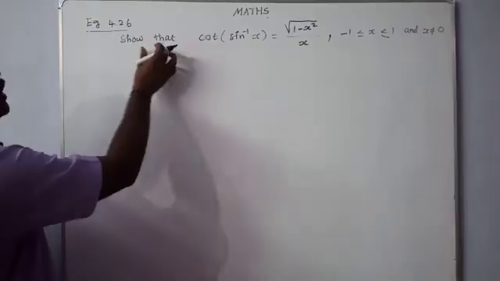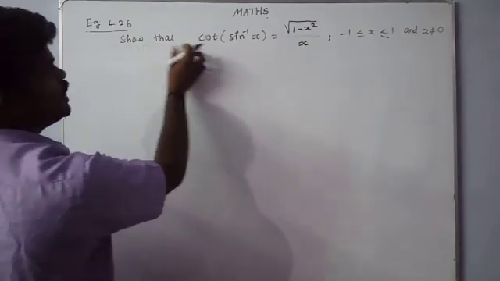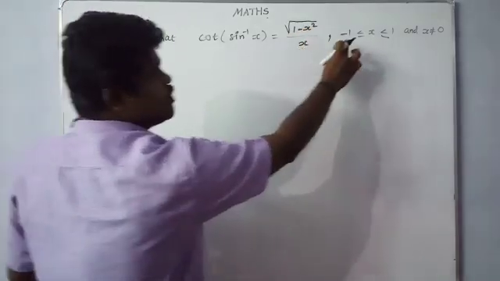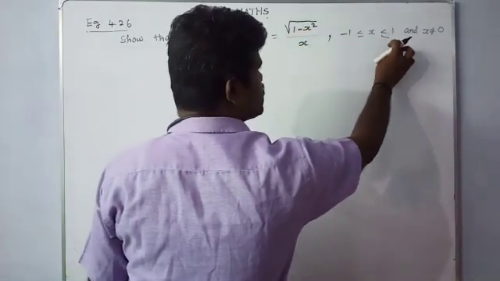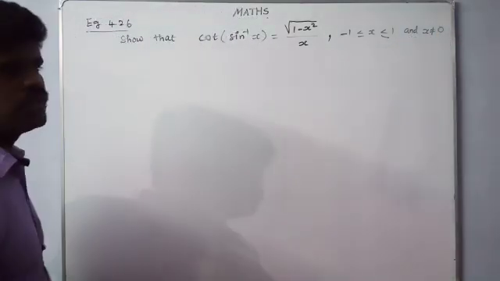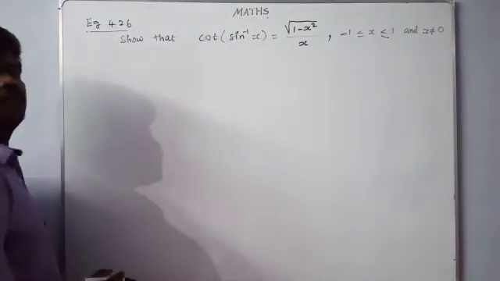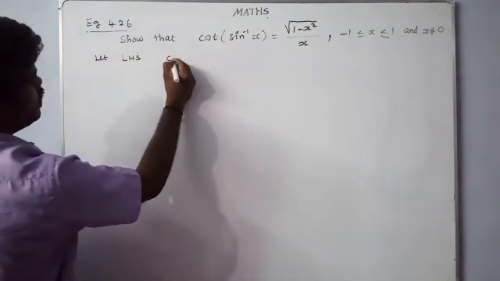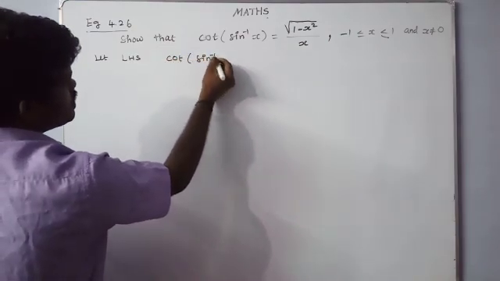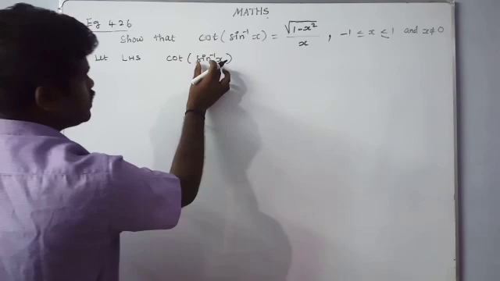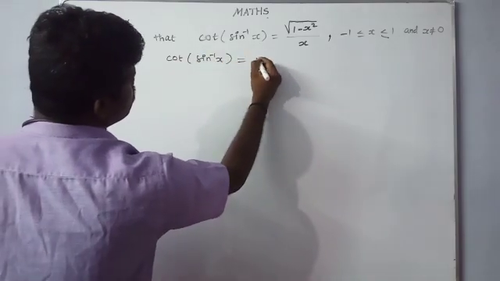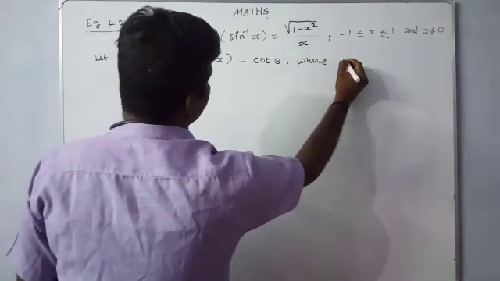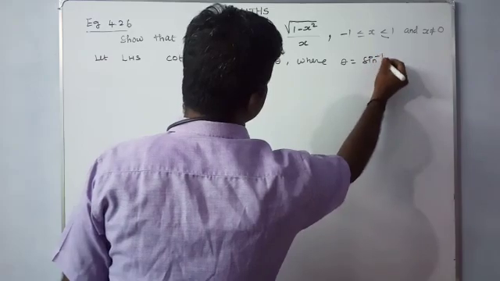Refer to the sum, example 4.26. Show that cot sin inverse x equals root of 1 minus x square by x, with the limit minus 1 less than or equal to x less than or equal to 1 and x not equal to 0 as the given condition. First let us take the LHS: cot sin inverse x. We take this value as cot theta, where theta is equal to sin inverse x.